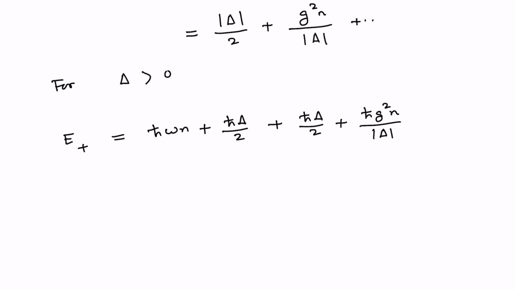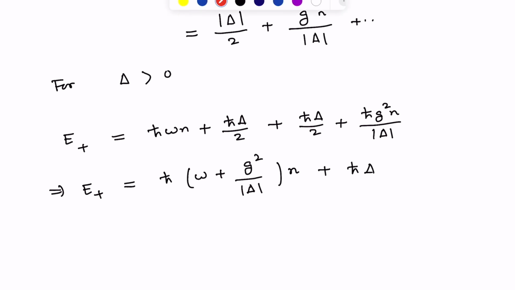This is going to give me E plus as ħ(ω plus z² by mod delta) n plus ħδ.